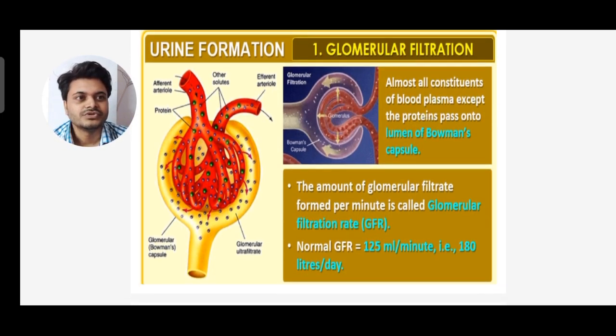As I said earlier, almost all constituents of blood plasma except the proteins pass into the lumen of Bowman's capsule, and the amount of glomerular filtrate formed per minute is called the glomerular filtration rate. So what is glomerular filtration rate? The amount of glomerular filtrate formed per minute is called GFR.